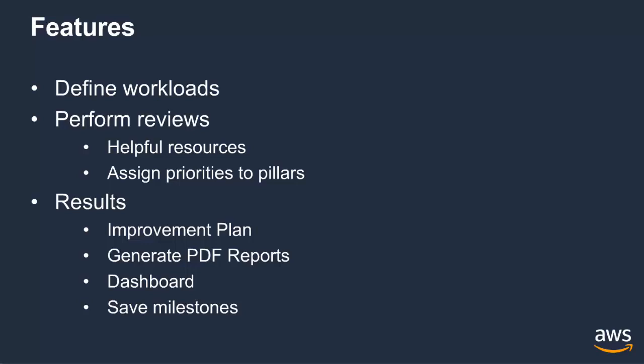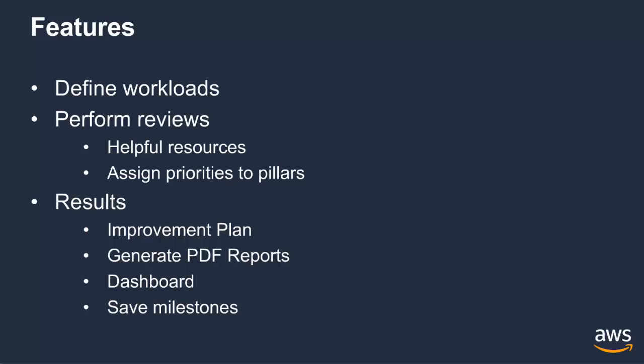You can change the priorities of the pillars. The 5 pillars that we listed are the default priority: operations first, security second, reliability third, performance, and cost. But depending on what you're trying to improve, you may want to change that priority, and you can do that within the tool.